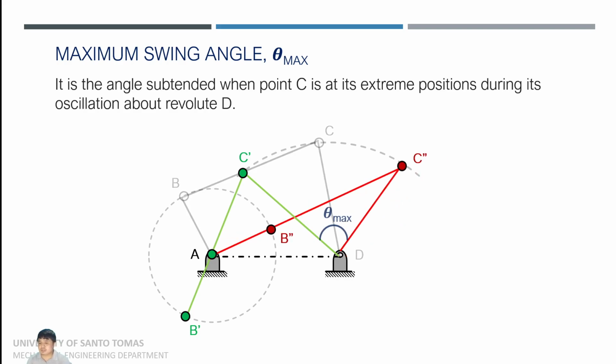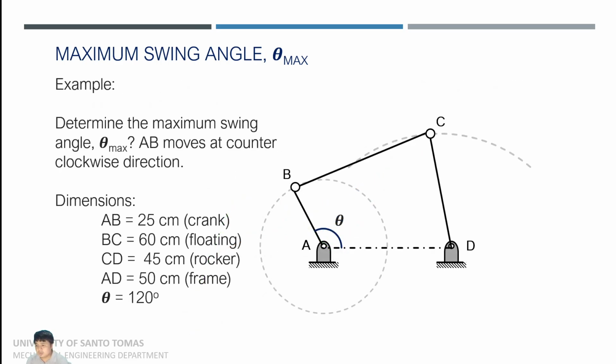Again, we can find this maximum swing angle as long as we can find the relative angles between these two. Now, let's say we have this scenario wherein we have everything given, the lengths of the four-bar mechanism, then we can probably find the maximum swing angle.